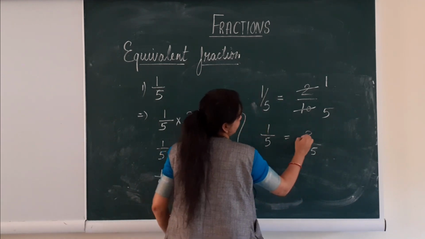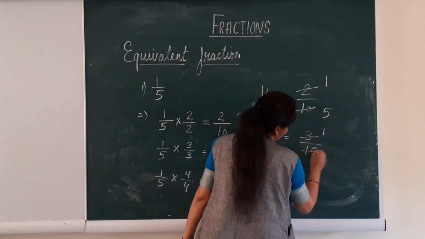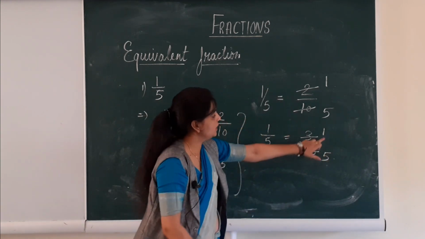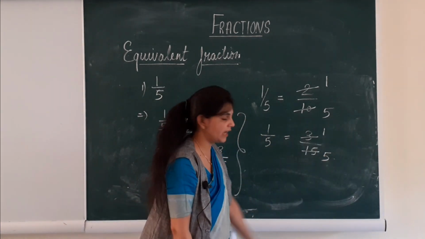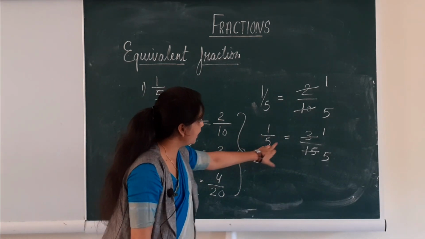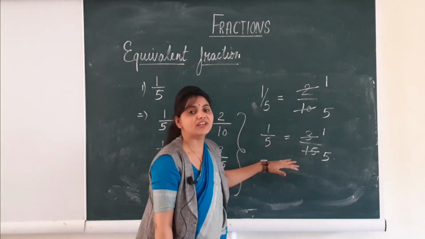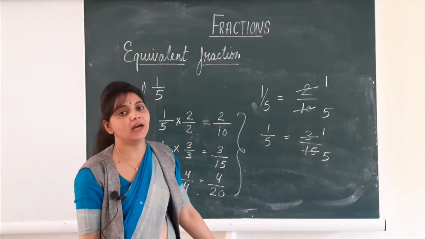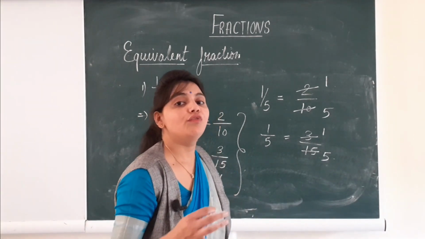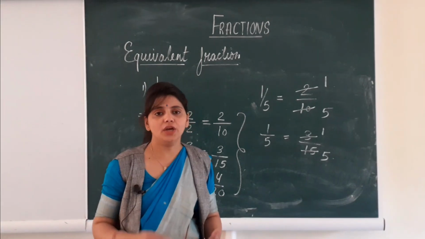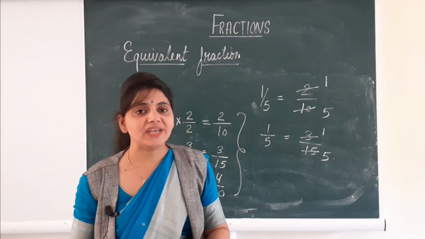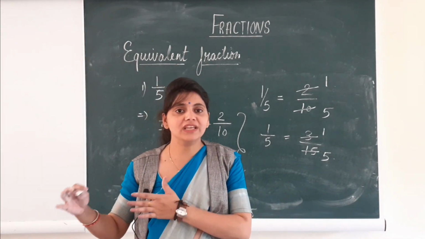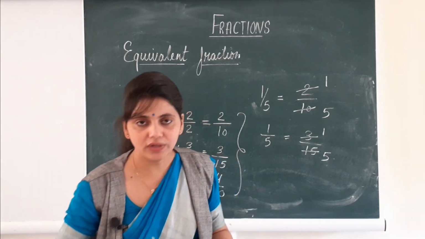In 3 table, it will cut how many times? 5 times. 3 ones 3, 5 times 15. 1 by 5, 1 by 5. Both the fractions are equal. This is the way.